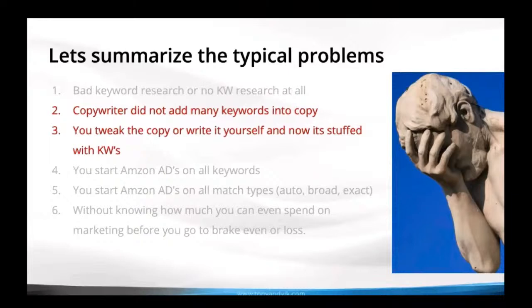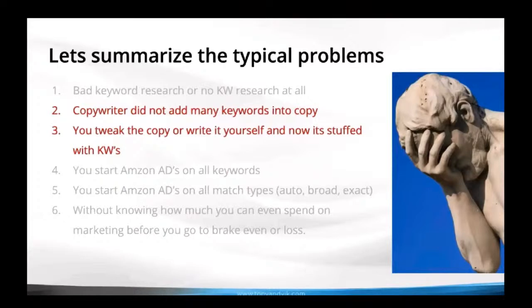Let me ask you a question. Who tells Amazon what you are selling? It's you. Amazon is a search engine, right? So whatever keywords you have on your listing are basically indicators to Amazon of what you are actually selling. Stuffing a lot of things there is not good.